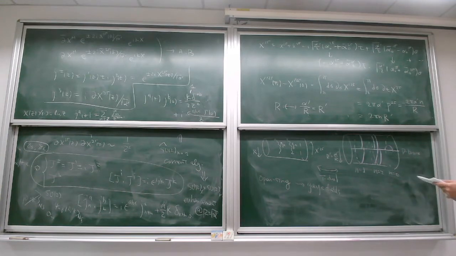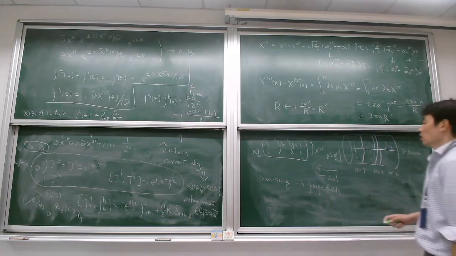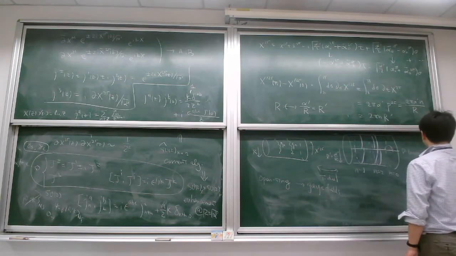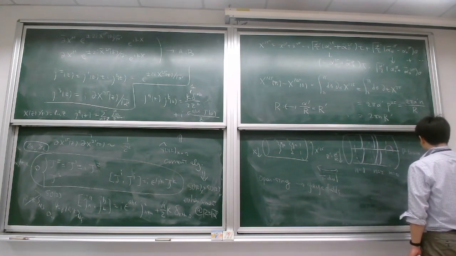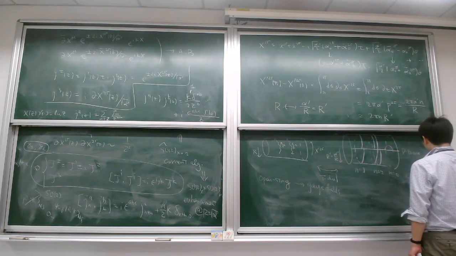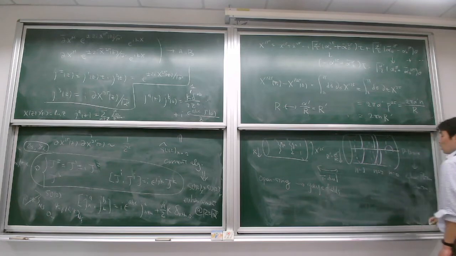How this Chan-Paton factor and also D-brane is associated to Chan-Paton factor. Last time I introduced the Chan-Paton factor, so how it ends, and then let's look at how they are related.